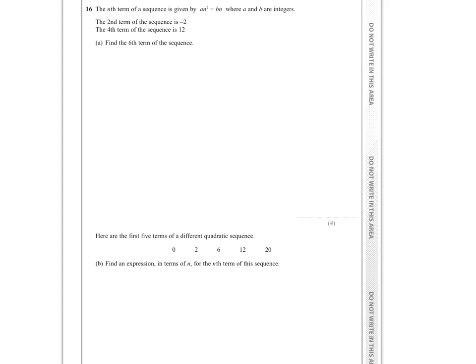Question 16. The nth term of a sequence is given by an squared plus bn, where a and b are integers. It says the second term of the sequence is -2, so when n is 2, we have 4a plus 2b, and that's going to be equal to -2.